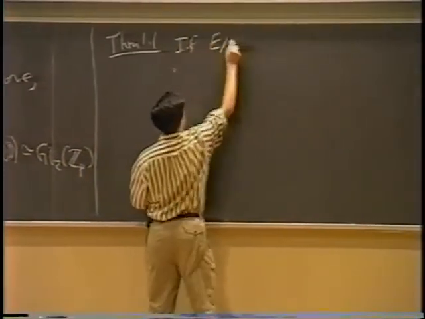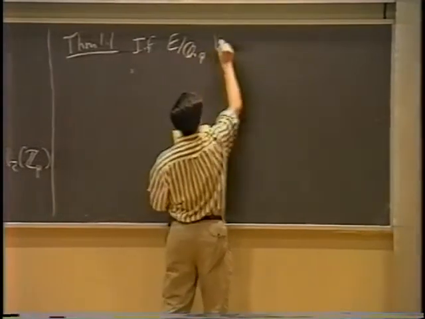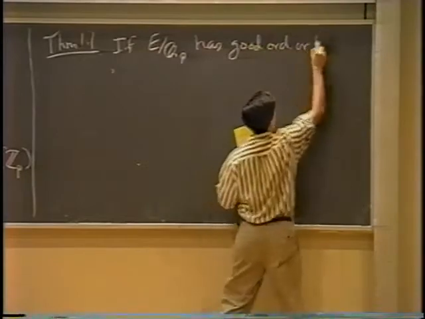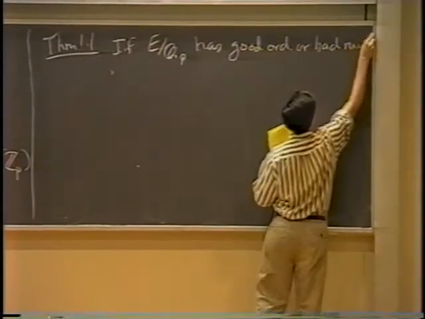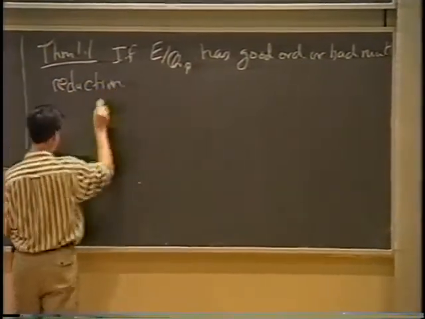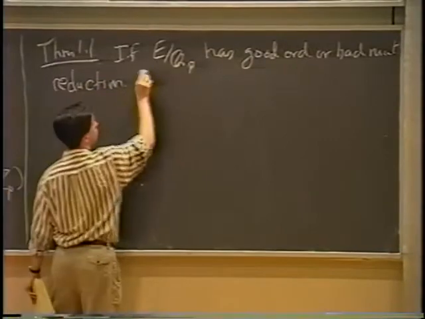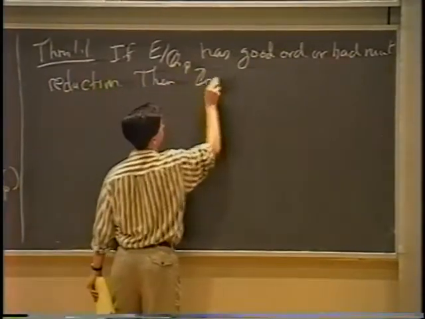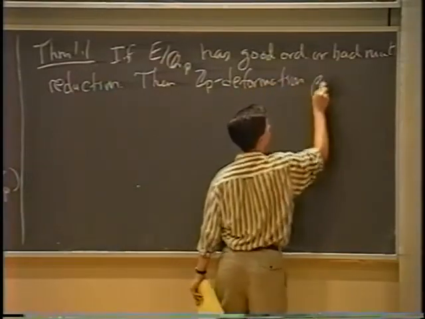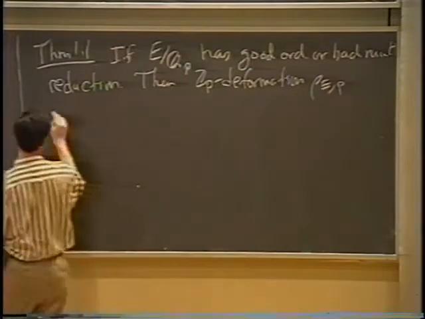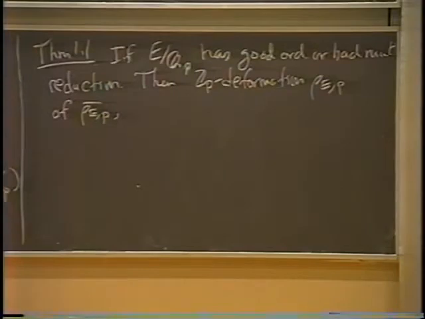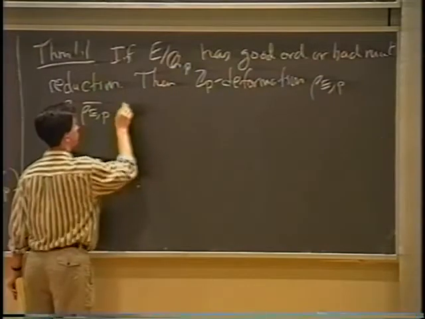So suppose I give you an elliptic curve over Q_p, and suppose it has, for starters, either good ordinary or bad multiplicative reduction. Okay? And then if we consider the Z_p deformation, and this is really why we care about deformation theory in the study of elliptic curves, of course, the Tate module representation is the Z_p deformation of the residual one, which is the one that we've assumed is modular to begin with, then this has the following form.